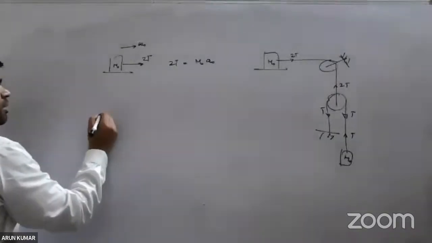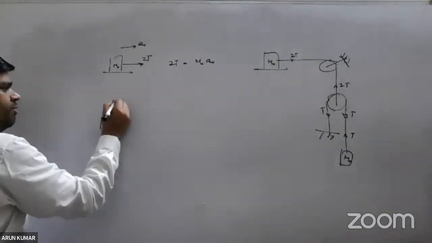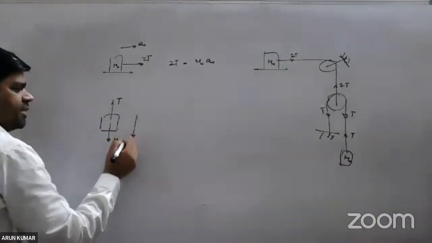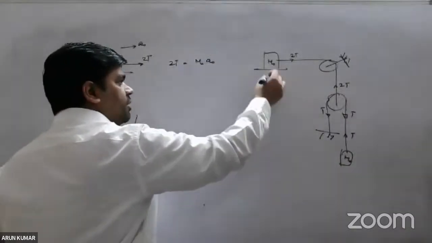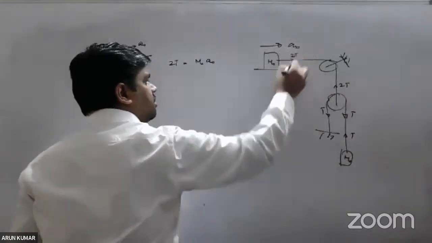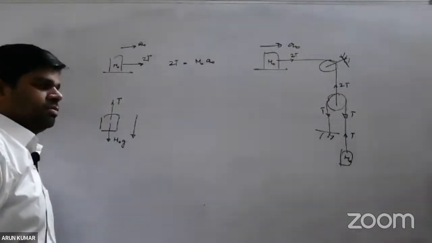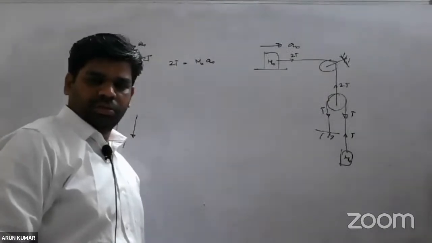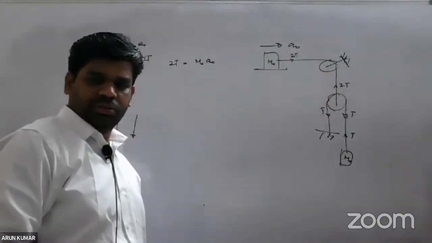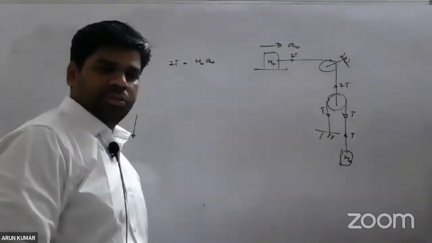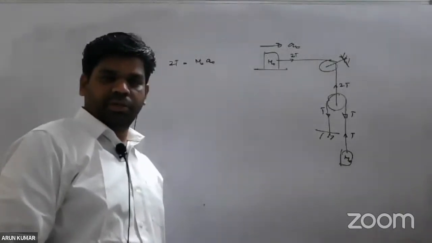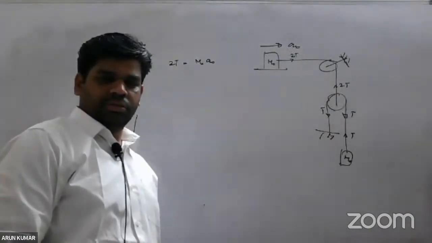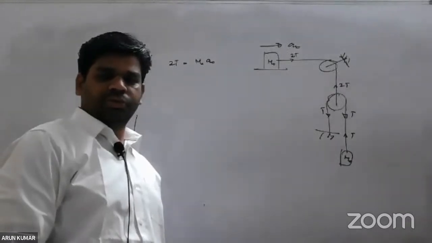For this particle, I've got T, m naught g. What is the acceleration of this particle? If this is A naught, what is the acceleration of this lower hanging block? Is it A naught by 2 or 2 A naught?